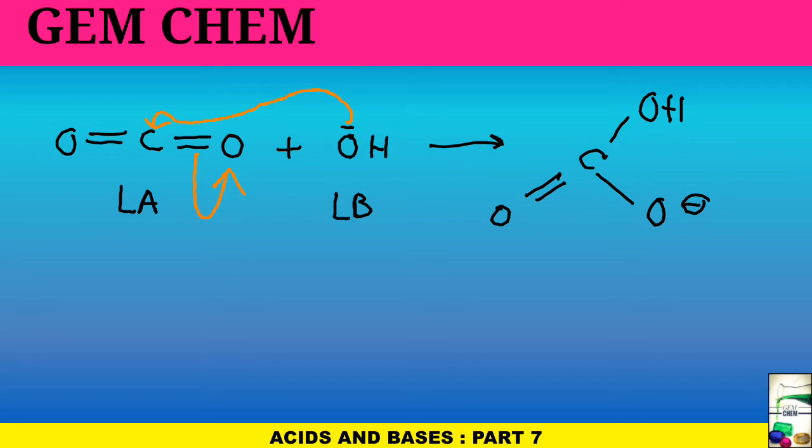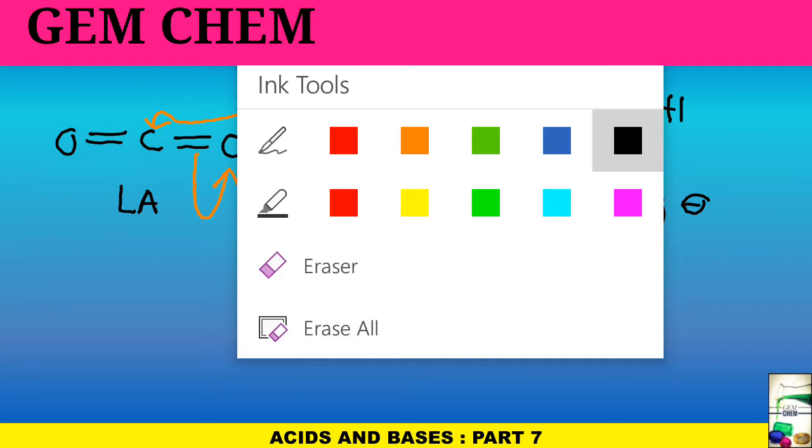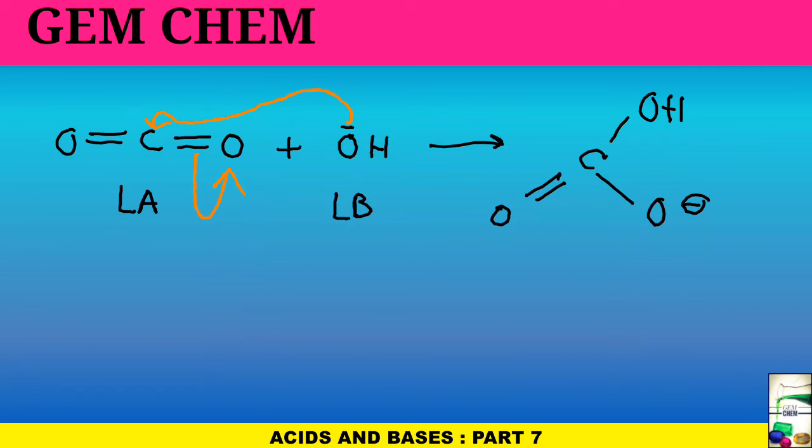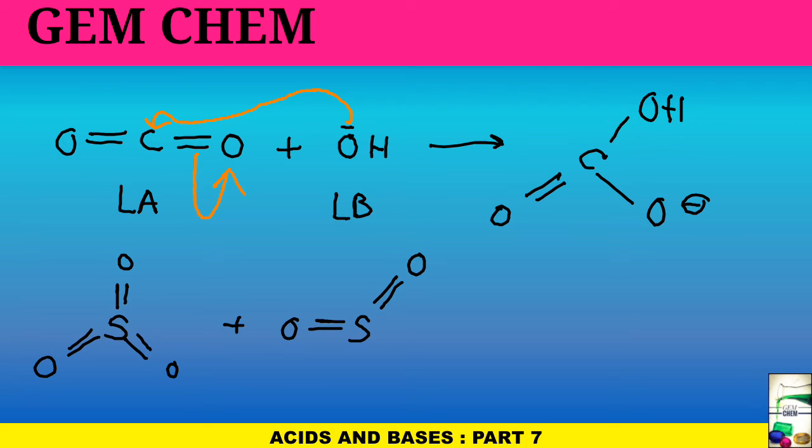Now, you have to understand that this SO3 can act as both Lewis acid and Lewis base. How does it occur? If an example is required, then see this one. There is SO3. Now, if we take H2SO4, what is the structure of H2SO4? 2 double bonded oxygen and 2 OH.